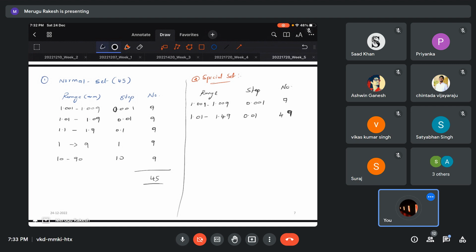Then again we have 0.5 to 9.5, so we'll have a step size of 0.5. These are 19. Then 10 to 90, these are 9. How much is this? 9 plus 49 plus 19 plus 9.